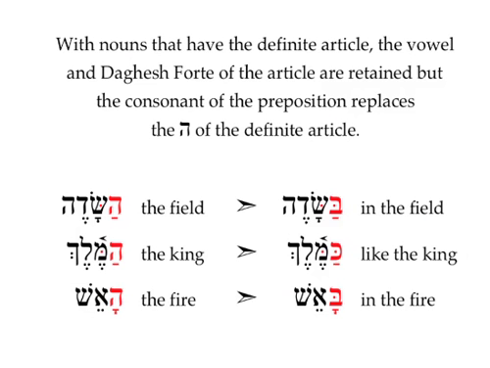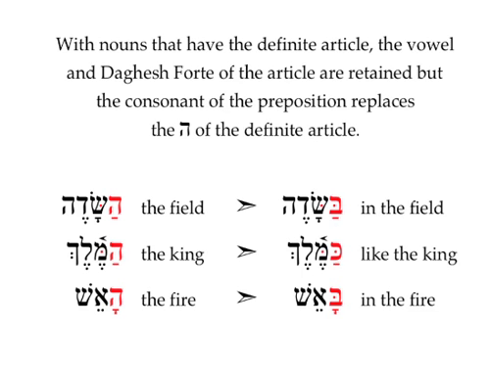The bait of the preposition occupies the hey of the definite article space, but the vowel pointing of the definite article remains. So you have to understand, or derive from a form like, if we go back to your slide on your screen and look at the example, basadeh, that which appears in red, the bait with the patach and the dagesh forte, prefixed to the noun sadeh, that threesome, the bait, the patach, and the forte, is translated in the.